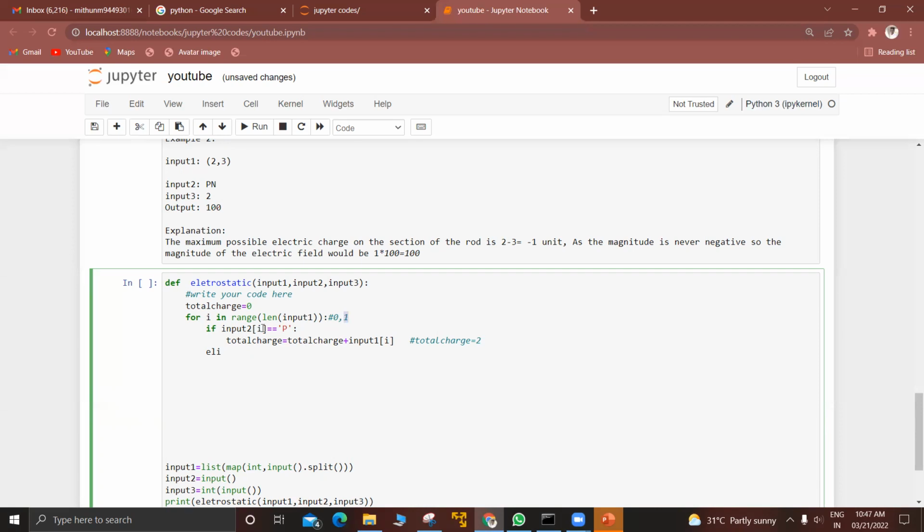Input 2 of i, that means 1. It will check for first position. If it is equal to P, then it will add that value.